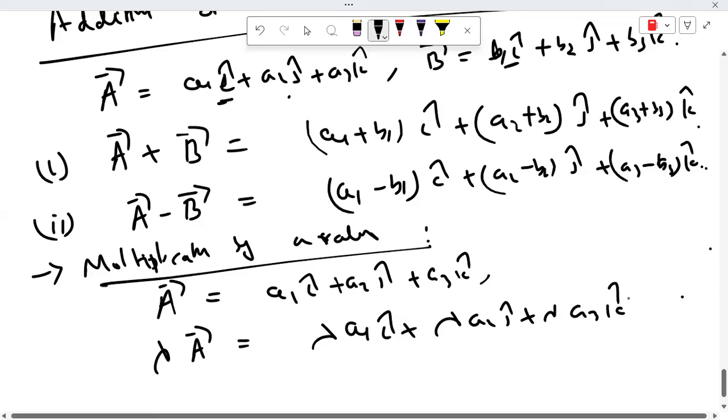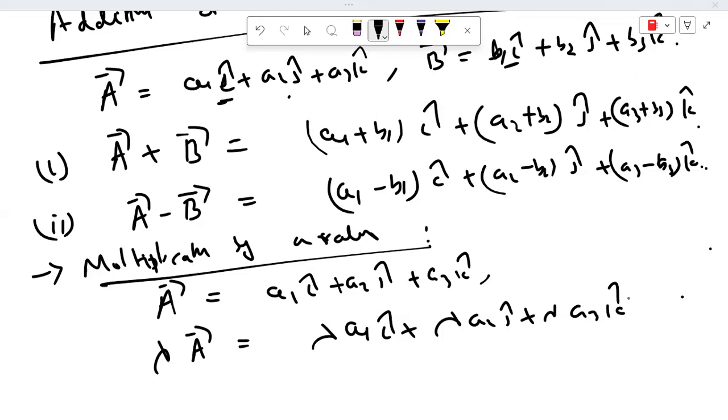Multiply the scalar to all of the terms, you will get the answer. I believe you already know all this. Yes? Yes or no, everyone? Yes, sir. All right. Note it down.